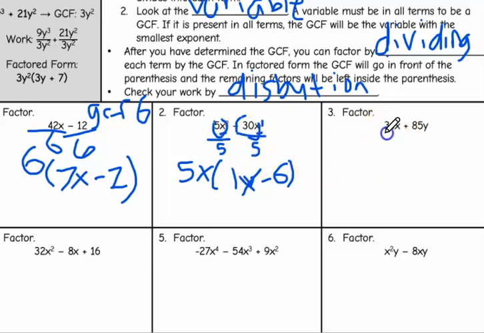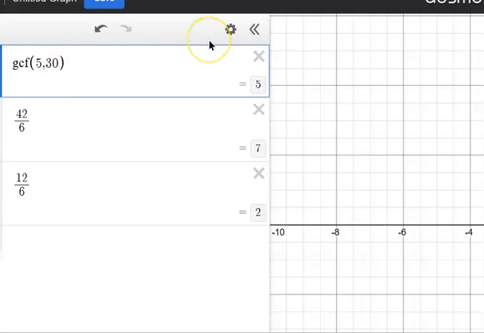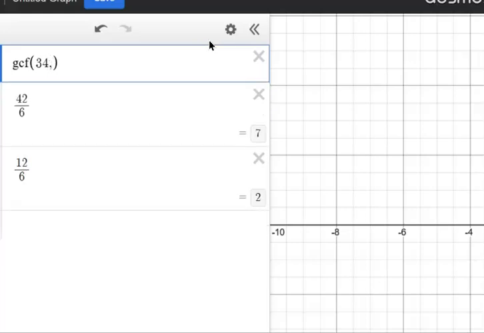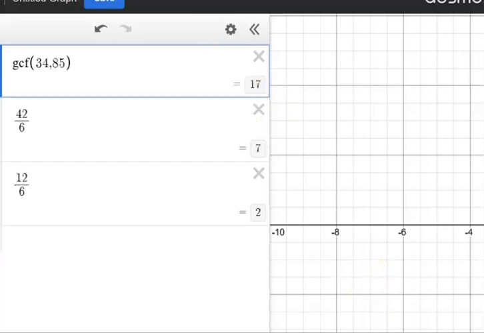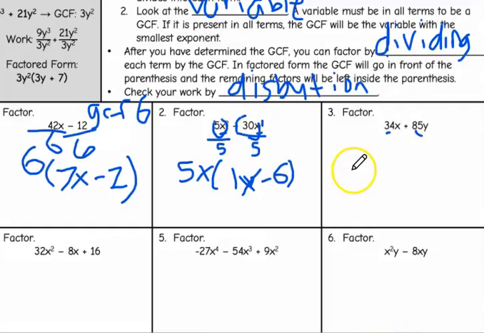All right, let's do a harder one here. This one's a little hard because you got a 34 and an 85. And you have different letters. So we're not pulling any letters out of this one. So 34 and 85 is 17. So we can pull out the 17. But what makes this tricky is we got to divide each one by the number we took out, which is 17.